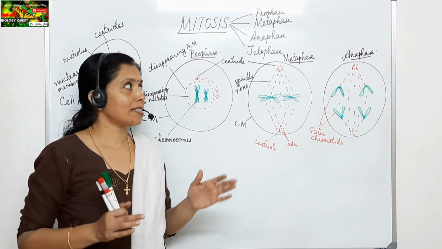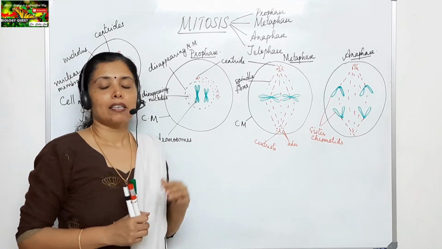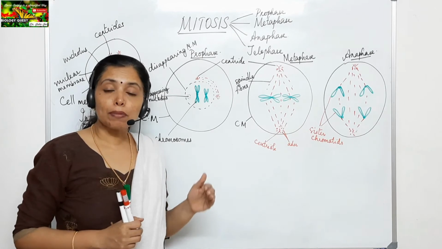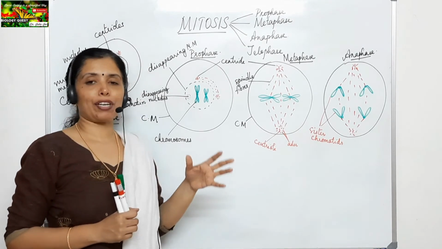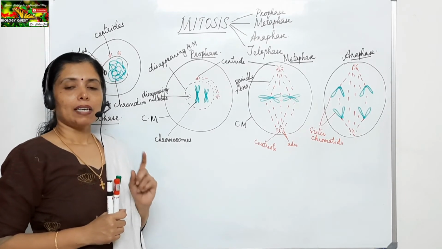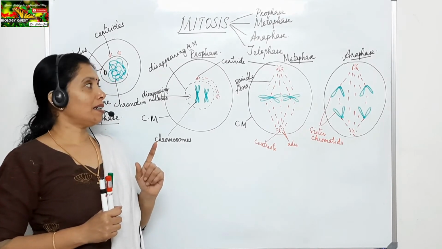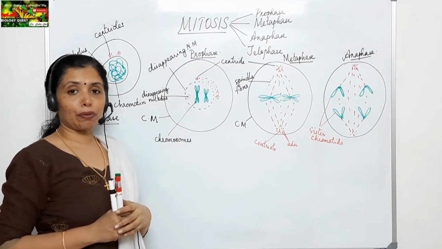Telophase is the end of the mitotic phase. So now the condensed chromosomes decondense or uncoil to form the chromatin fibers. The second thing that we have seen is the disappearance of the nuclear membrane and the nucleolus.